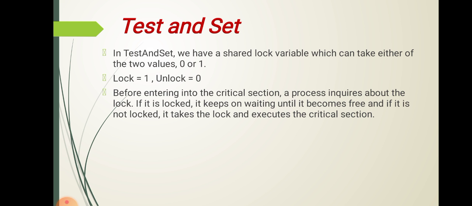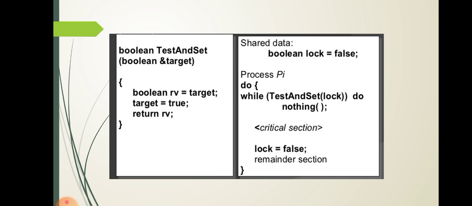Okay. Now, one more thing. As you can see here, on the left side in the block, you may call this the definition of the test and set instruction, and on the right side is the critical section structure, showing how the test and set instruction is going to work. On the left side we have written boolean test_and_set, which is nothing but a function name here.